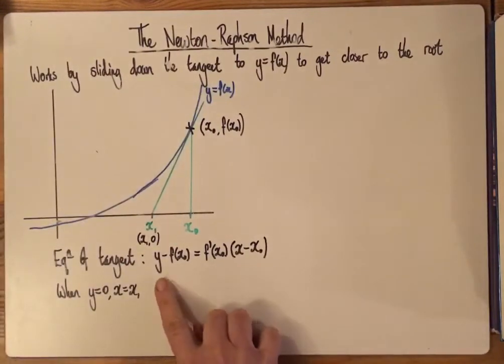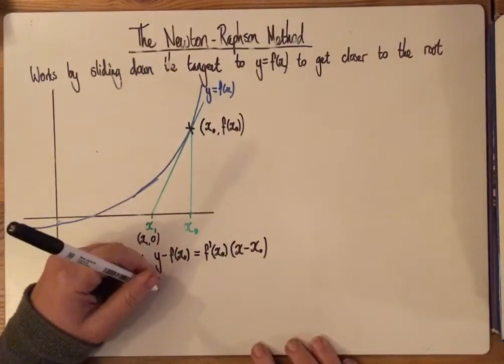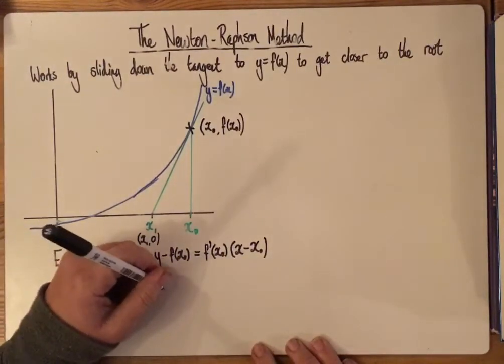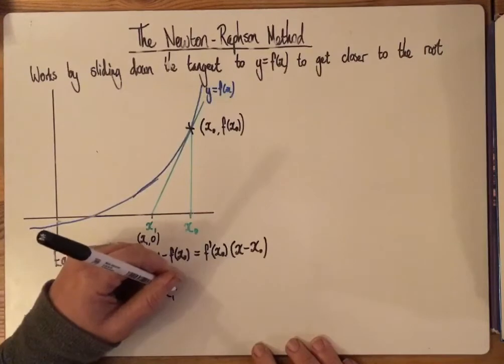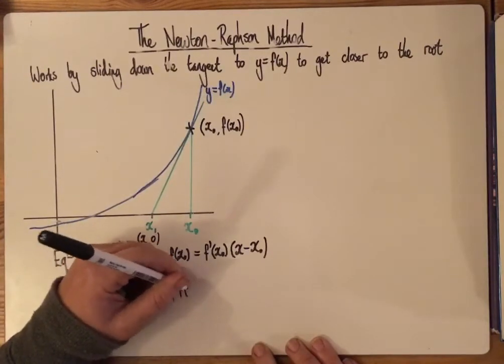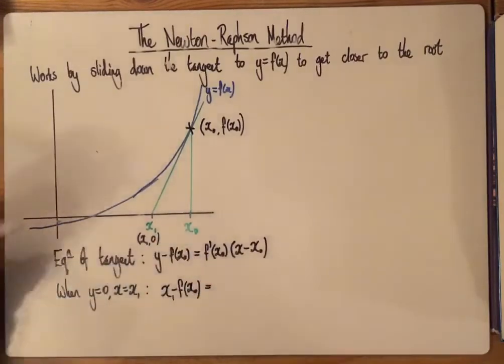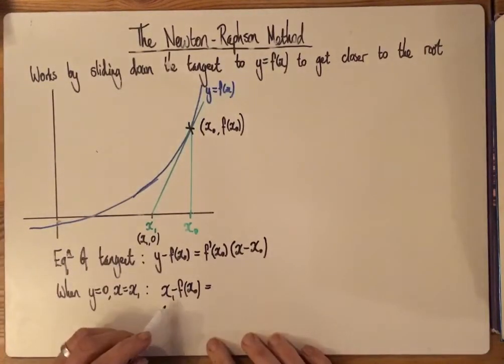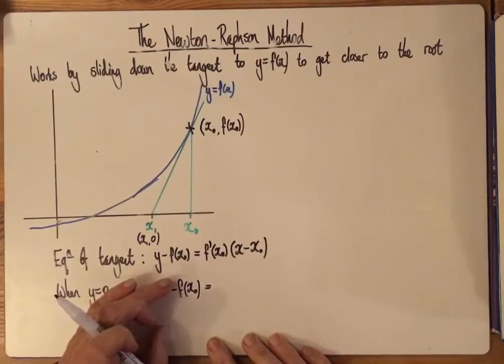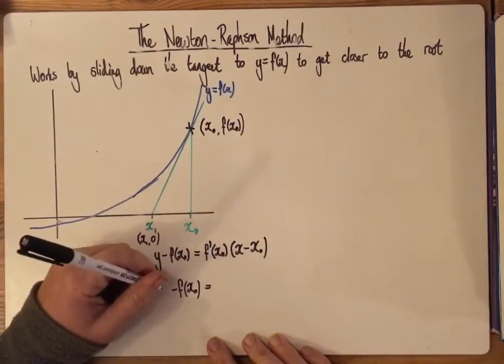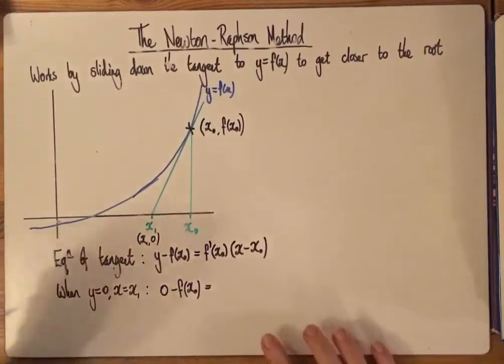So I can substitute those into here, and this equation will then balance. So we're basically trying to find where this tangent crosses the x-axis. Sorry, that's meant to be my y. My y coordinate is 0. By setting y to 0, we can find where it crosses the x-axis.